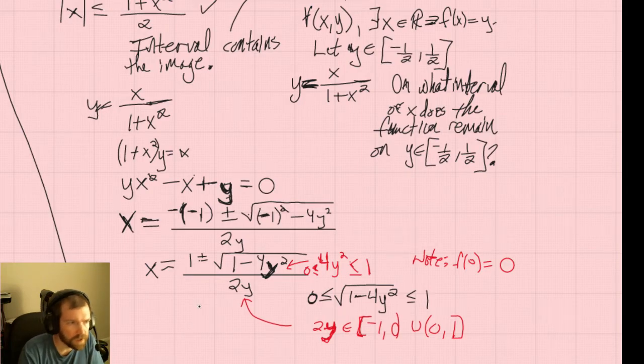Okay, so the numerator is going to be between 0 and 1 as well. If the square root is between 0 and 1, we have a plus, which is going to get us, okay, a single value. Right, no, never mind.